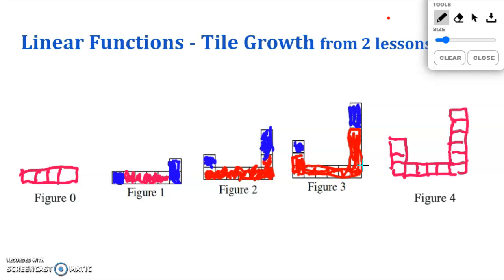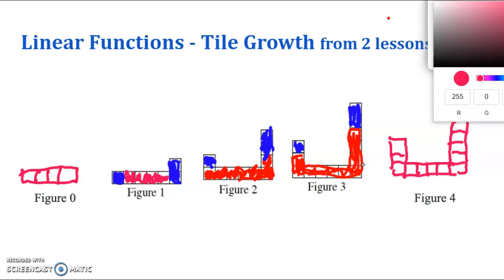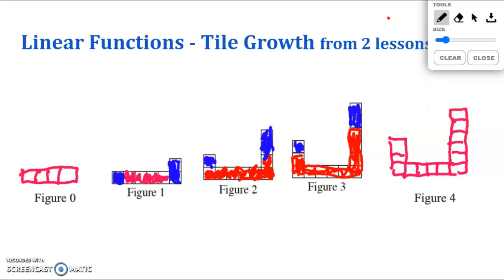That was figure 3. Now to that I want to draw what was added: 1 on the left arm and 2 on the right arm. So I know figure 4 looked like this. If you use the colors, it makes it so much easier. So that's what figure 0 looked like, and this is what figure 4 looked like.